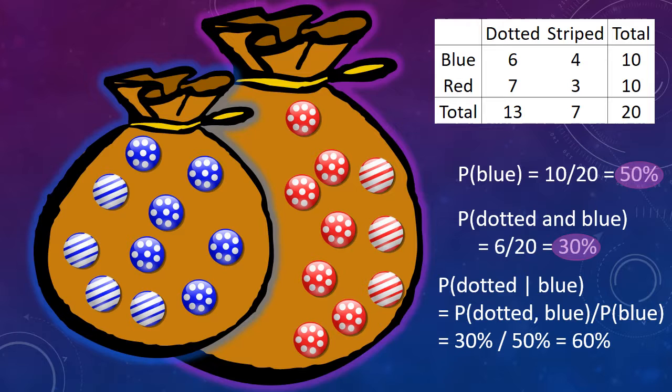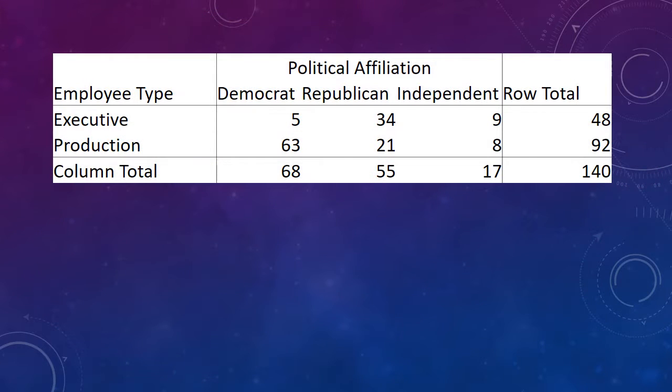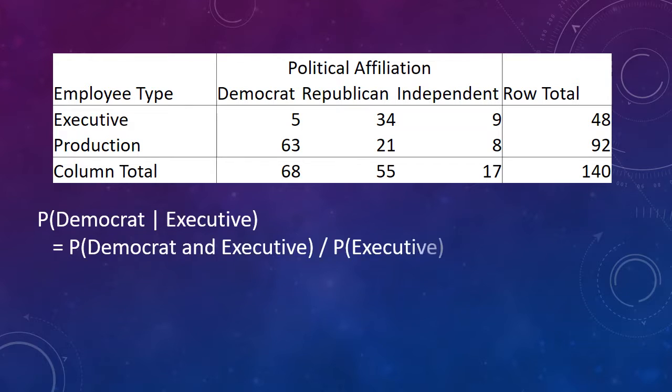Or we could look at our employees and political affiliations. Instead of thinking of this sample of employees and political affiliations, let's instead think about the random process of selecting a random employee and seeing what their employee type and political affiliation are. If we wanted to find the probability that an employee was Democrat, given that the employee is an executive, then we take the probability that an employee is both a Democrat and an executive and divide by the probability that the employee is an executive.